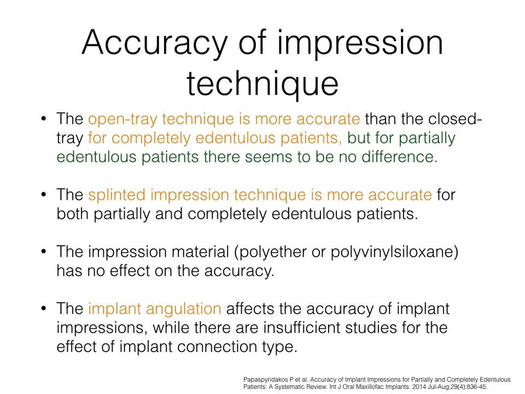However, the implant angulation also affects the accuracy of the implant impression. That's why if the surgeon doesn't place the implants in an ideal position, it may also cause some deficiency.